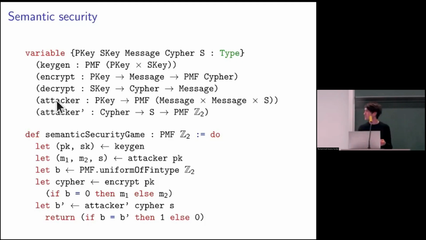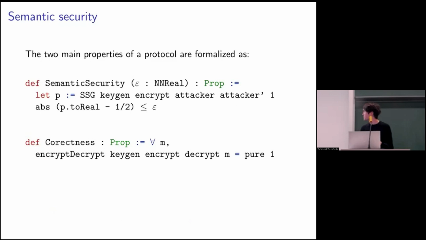And this is a proposition which is part of the Lean type system, so it is something that later we will need to prove about a specific instantiation of the previous function, which does specify a protocol, and we may as well specify the correctness of the protocol, in that decryption and encryption are inverse to one another.